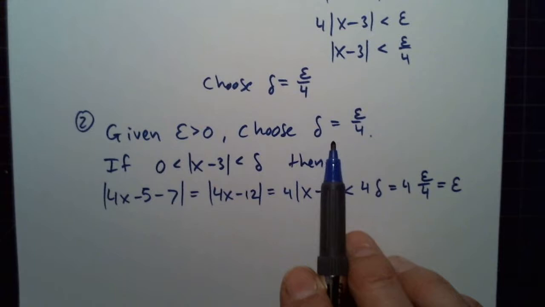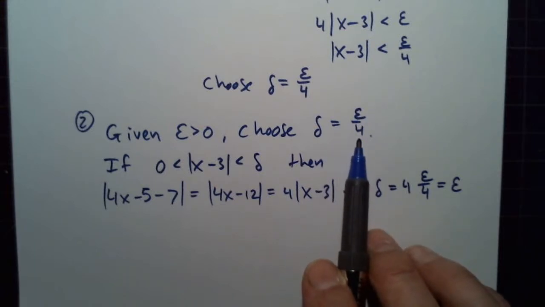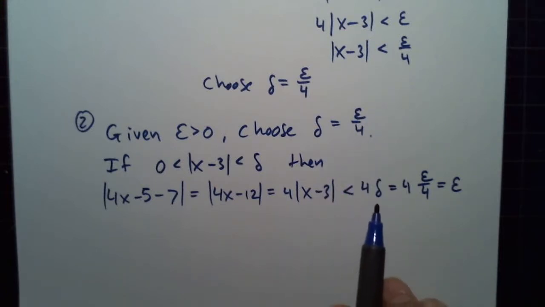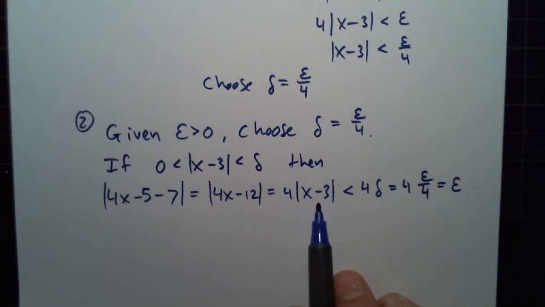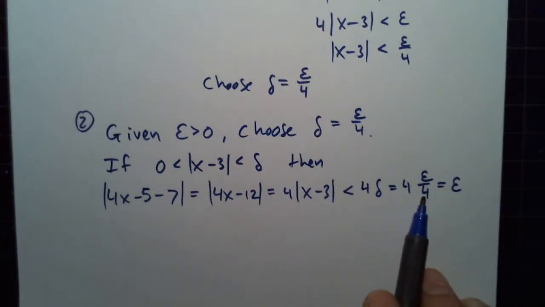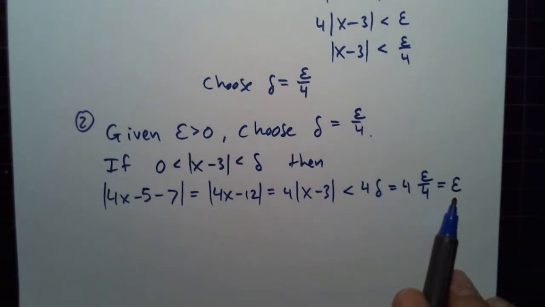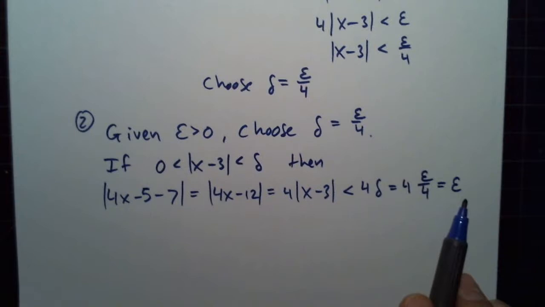Because delta is chosen to be epsilon over 4, it allows us to do this substitution here, which then ends this statement with an epsilon, and that satisfies the definition.